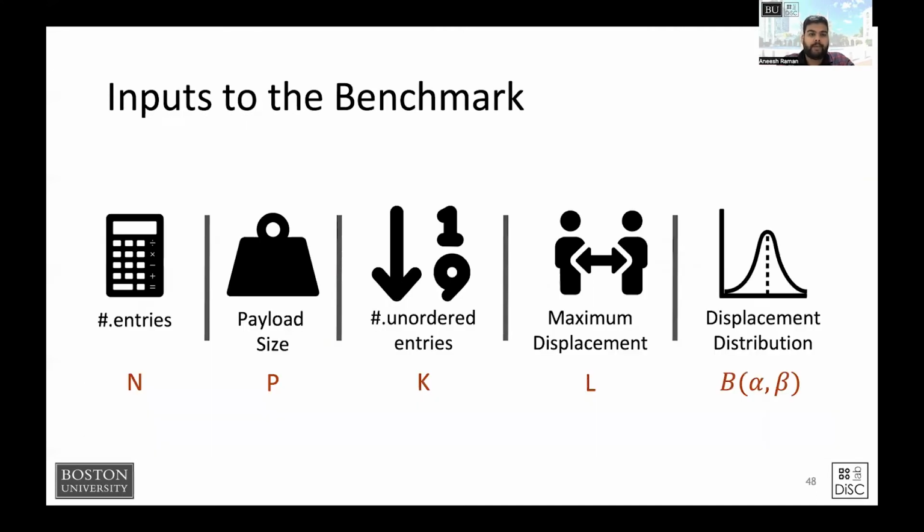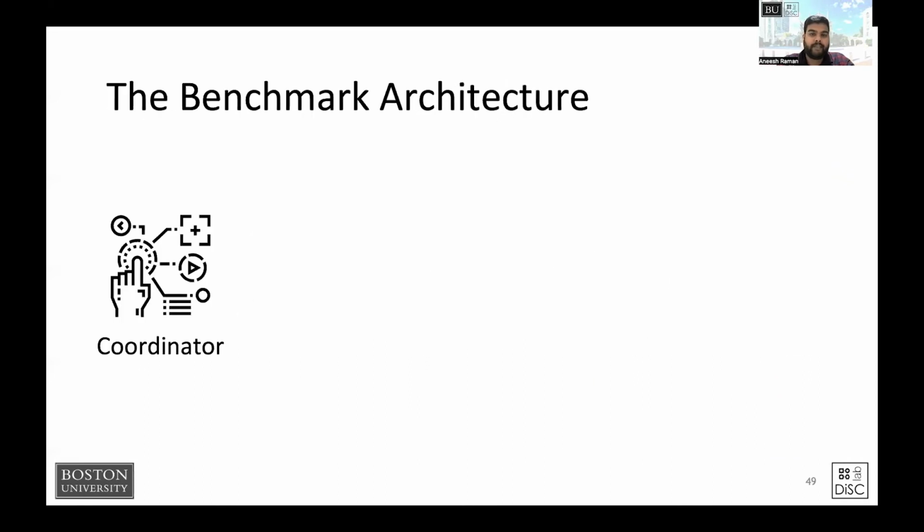As inputs to the benchmark, we take in the number of entries required, what would be the payload size, the number of unordered entries or K, the maximum displacement or L, and the parameters alpha and beta for the generalized beta distribution. The benchmark itself has a very simple architecture. We have a coordinator that communicates between different components of the benchmark.